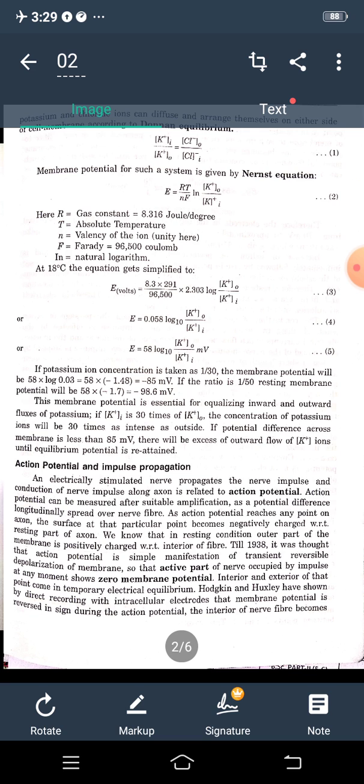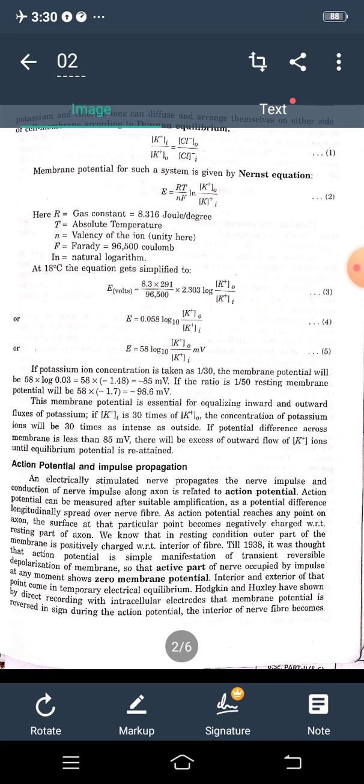If K plus inside is 30 times K plus outside, the concentration of potassium ion will be 30 times as intense inside as outside. If the potential difference across the membrane is less than 85 millivolts, there will be excess outward flow of K plus ions until the equilibrium potential is reattained.